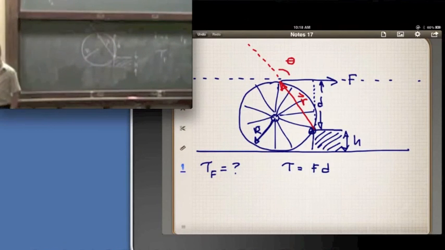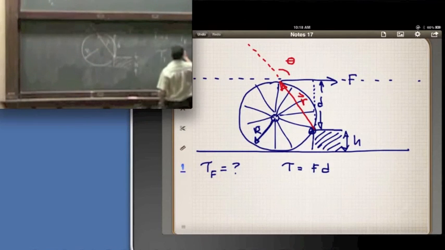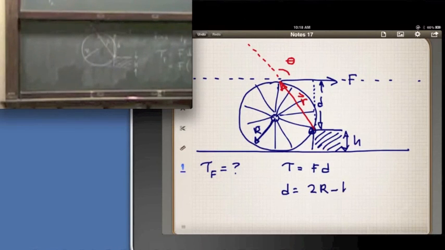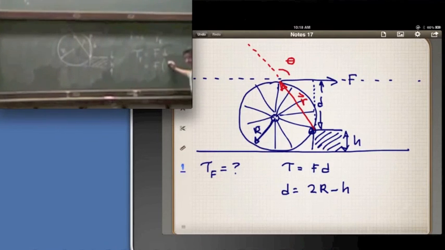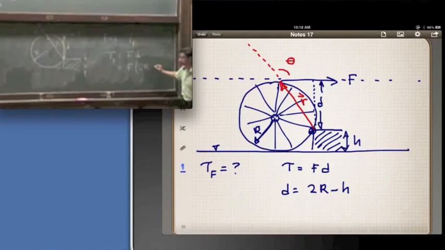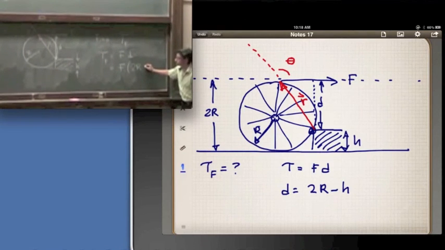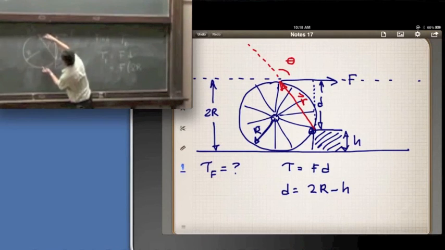Is it easy to find d now? Yes? No? Well, in terms of the variables that you have in the problem, d is straightforward. What's the first term? 2r, that's right. And? This is 2r, and this is h.